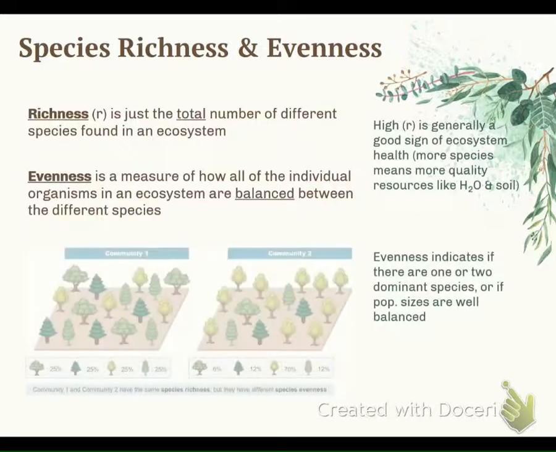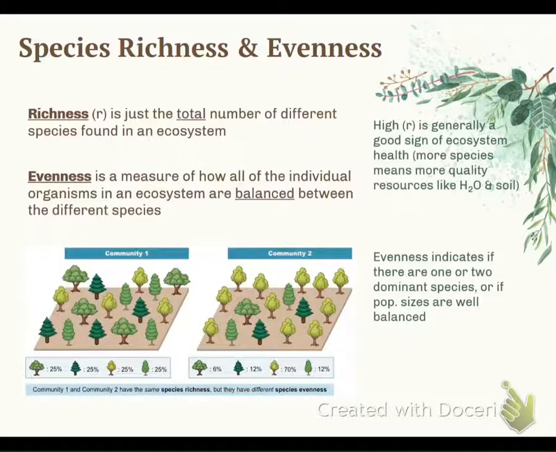Evenness indicates that even though there may be a more common type, there is balance. Community 1 is very, very even, where there's 25% of each, whereas Community 2 has a richness of the brown tree type.